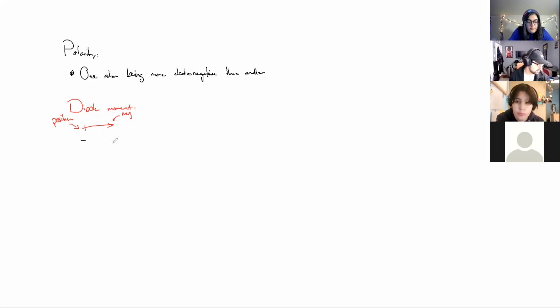So here, the dipole moment helps identify the unequal sharing of electrons due to electronegativity.